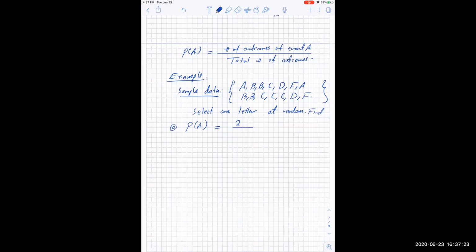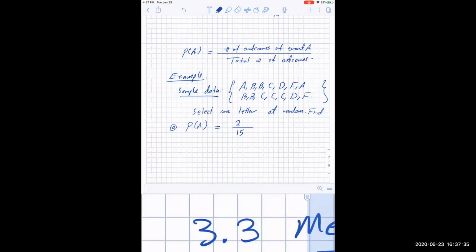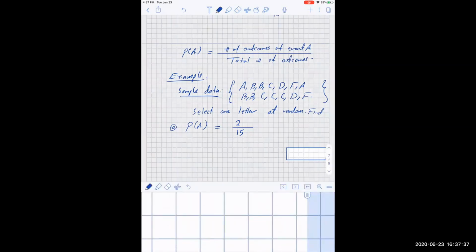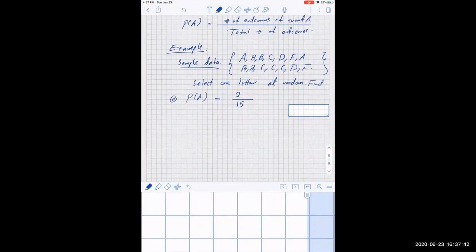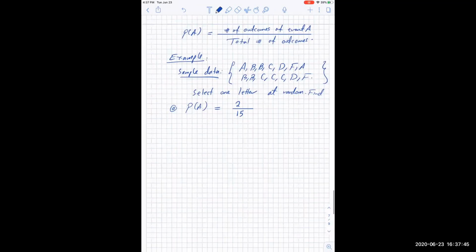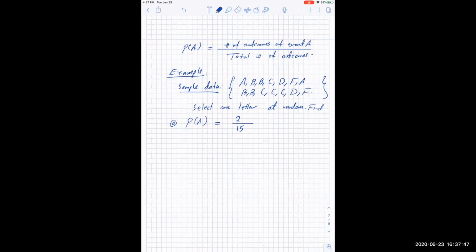3, 6, 9, 12, 15. You see that? So 2 over, is it 14 or 15? 3, 6, 14, thank you. Two out of 14.